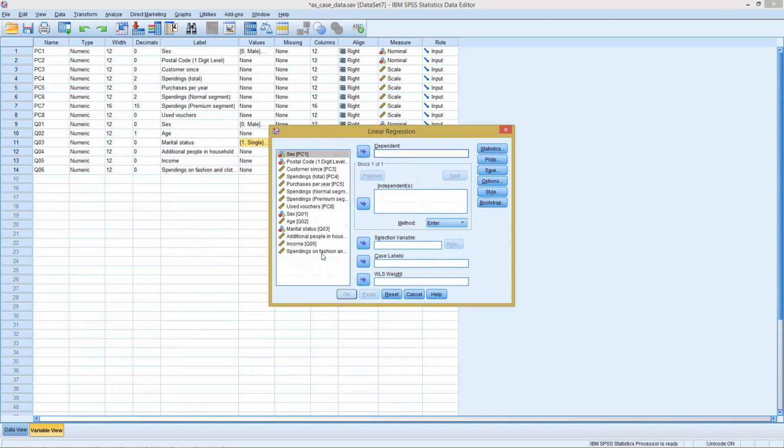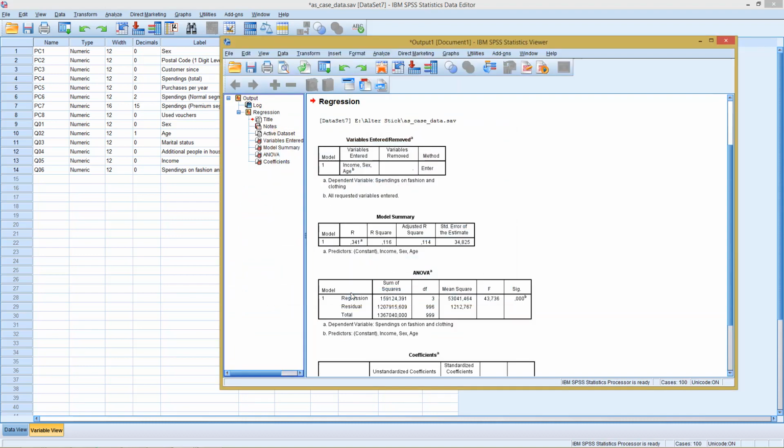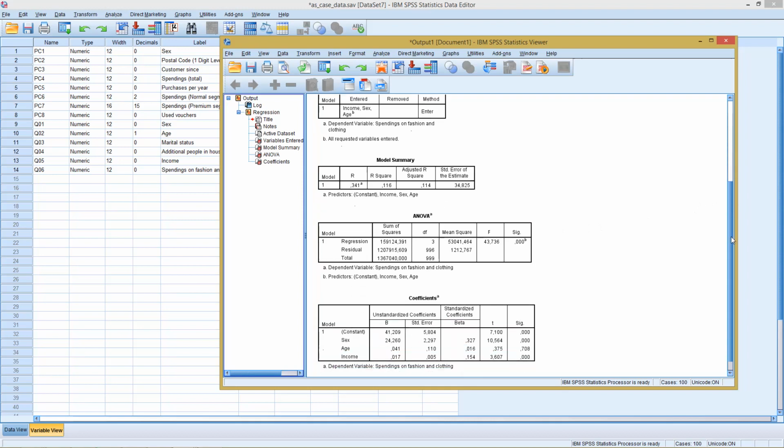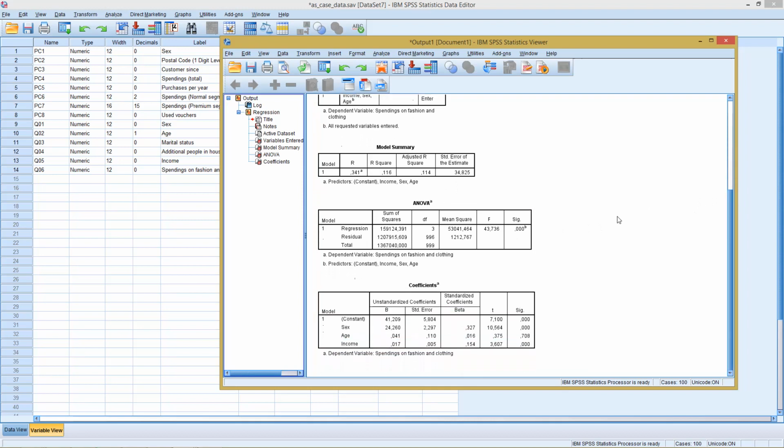In this case, let's try to explain or assume that spendings on fashion and clothing can be explained via someone's age, gender, and income. And consider those 3 independent variables. In this first step, we do not go into any details, any additional options to activate. We just click OK and get here the results for our regression analysis.